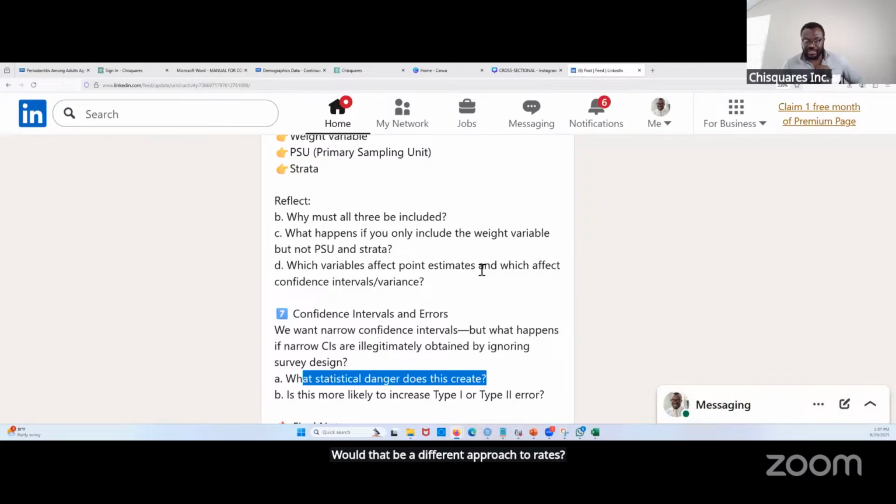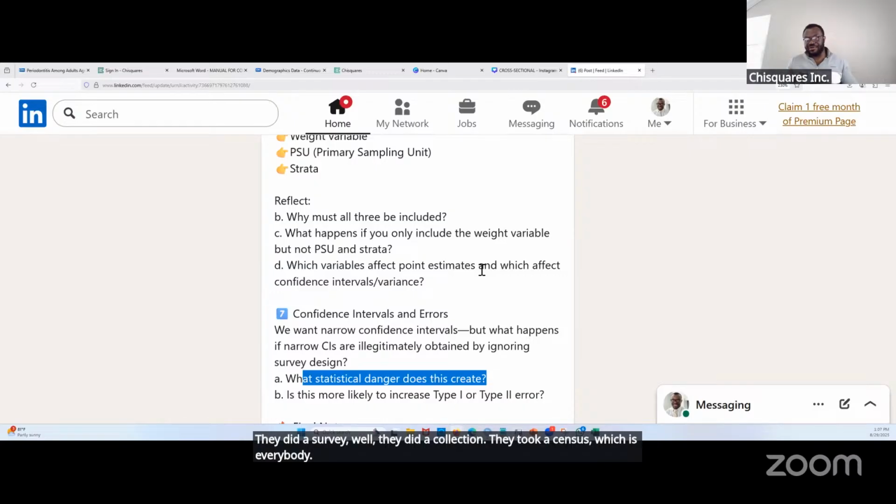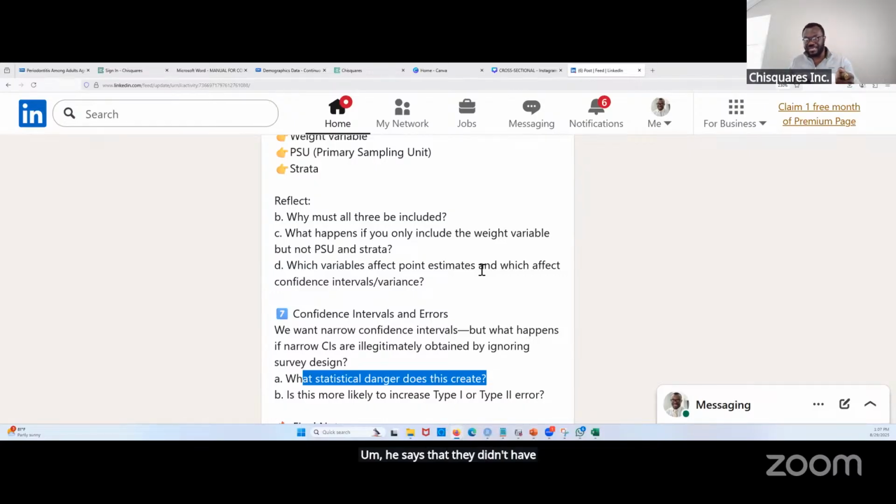All right, thanks. I want someone to critique that approach. Just to put it in very simple terms, they did a data collection. They took a census, which is everybody. He says that they didn't have weight, but they had clusters and strata.